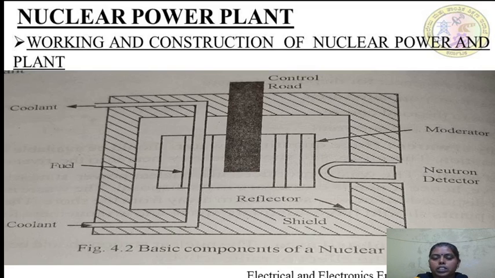The main function of this nuclear power plant will be done in the nuclear reactor. The nuclear reactor is the main component in a nuclear power plant. So this is the construction of a nuclear reactor.